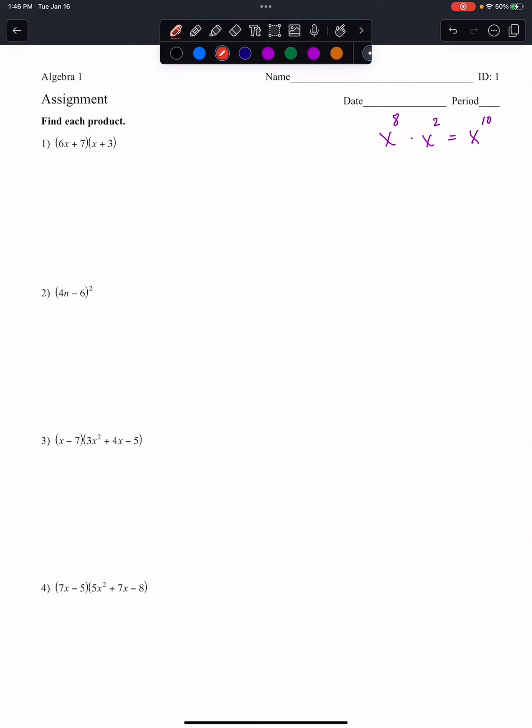Let's say another one. Let's say I had y to the 3 times y to the 100. All you do is add the two exponents and you get y to the 103. Okay? So let's do a quick check and see if you understand that.